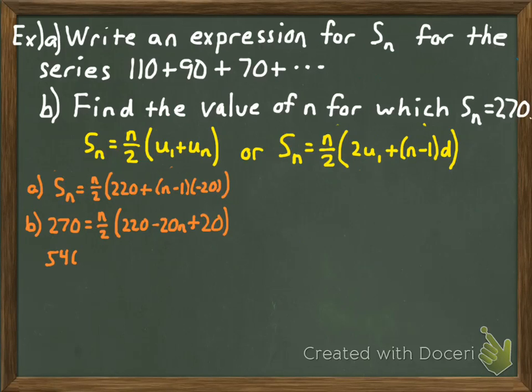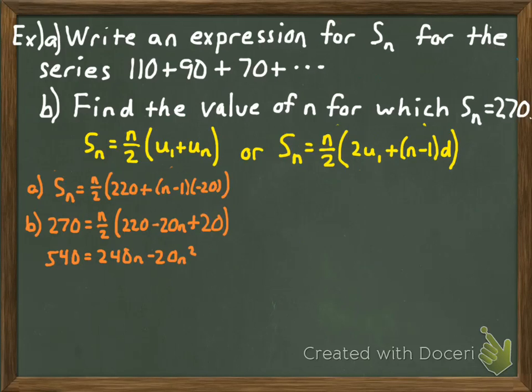If I multiply the right side by 2, that 2 is going to cancel, but I still have this n, don't I? And I need to distribute that n to what's inside of here. Well, I'm going to have 220 plus 20, or 240 times n, so 240n. And then I'll have negative 20n times n, and that's negative 20n squared.